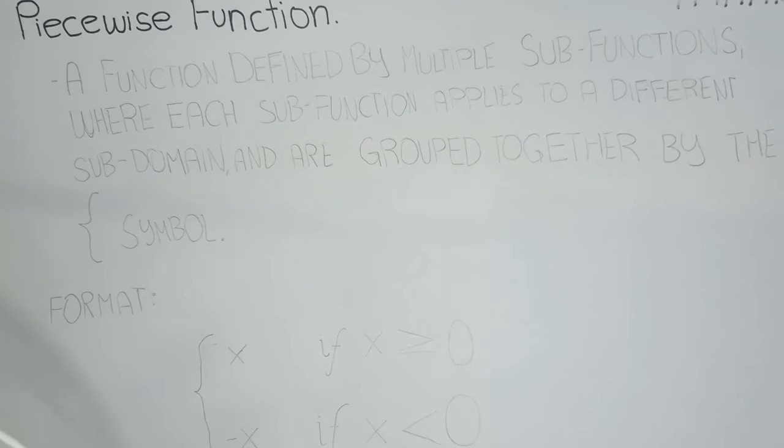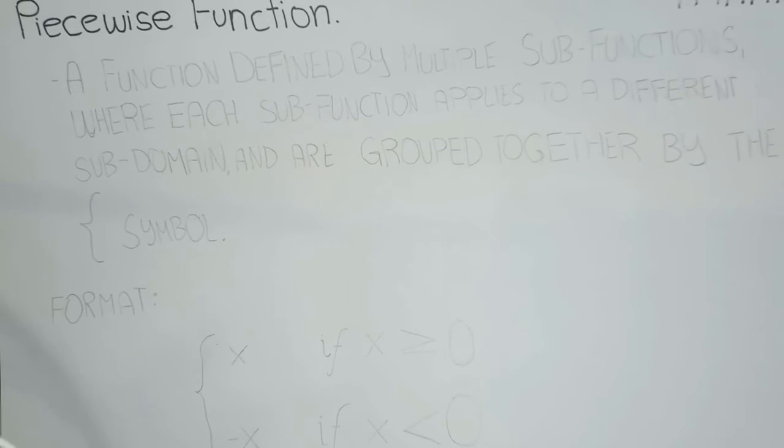It's basically divided into multiple parts, where each subfunction applies to a different subdomain. That means each subfunction works on parallel or similar domains to one another, and if combined all together, it makes one big clear picture.